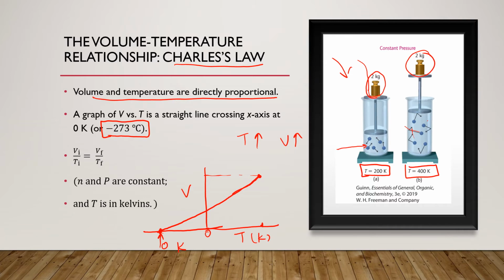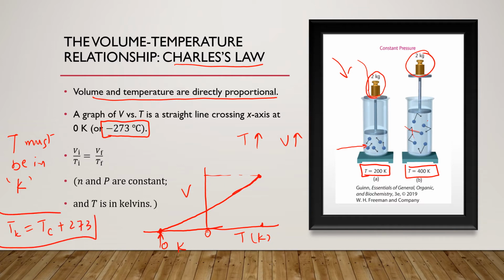When doing calculations using Charles' law, temperature must be given in kelvins. If it's not in the Kelvin scale, then it must be converted into Kelvin. And remember, temperature in Kelvin equals temperature in degrees Celsius plus 273.